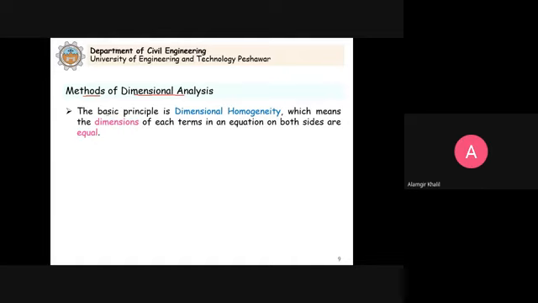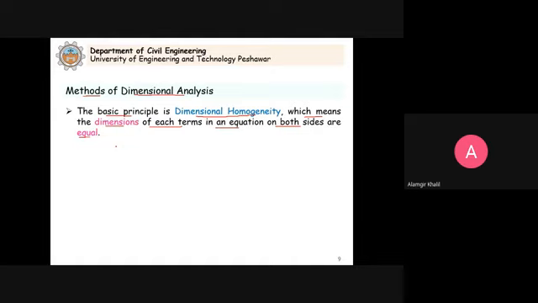The basic principle for those methods is dimensional homogeneity, as we discussed, which means the dimensions of each term in an equation on both sides are equal. Dimensional homogeneity must be ensured, because based on this we do the analysis and try to get results.